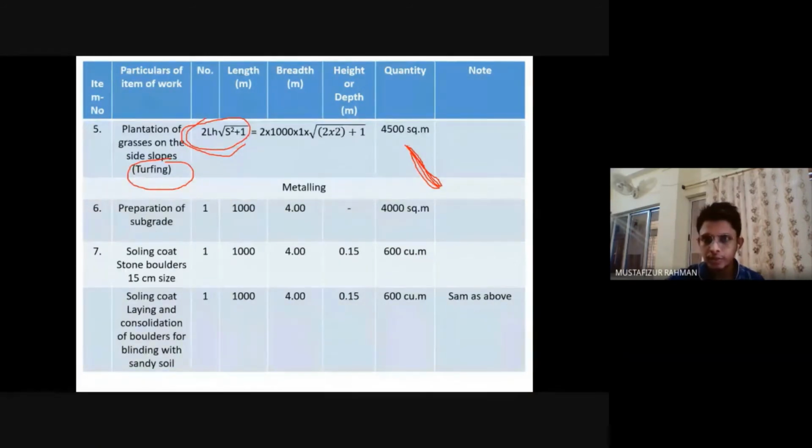We get the sloping grade. We multiply the sloping grade with the length of the road. We get the area on one side. But obviously there are two sides. Another side, the same calculation. So we multiply it by 2. And we get the total area in square meter where we will have to do the turfing work. Fine.